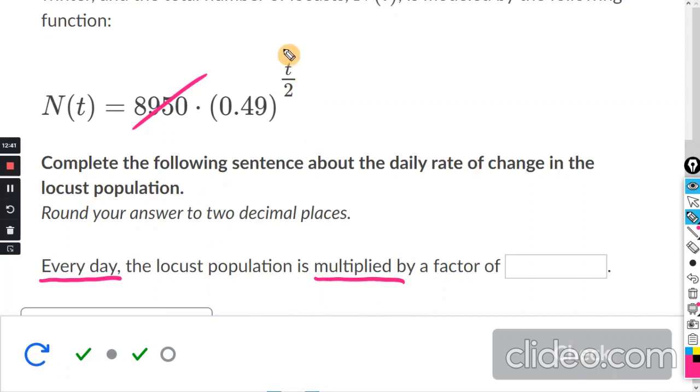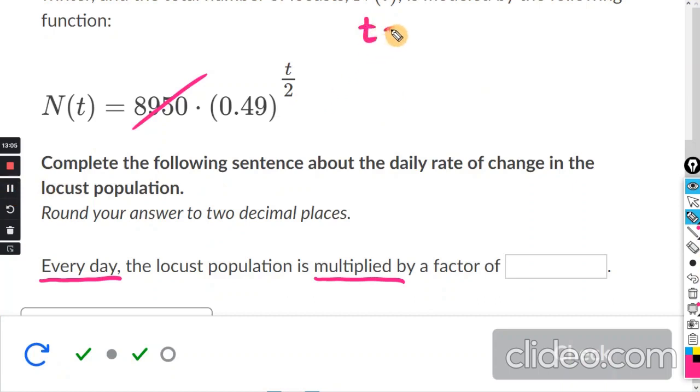All right, so if I plug in 1 in place of T, that's going to be 0.49 to the power of 1/2. Actually, I'll show you like I did last time.